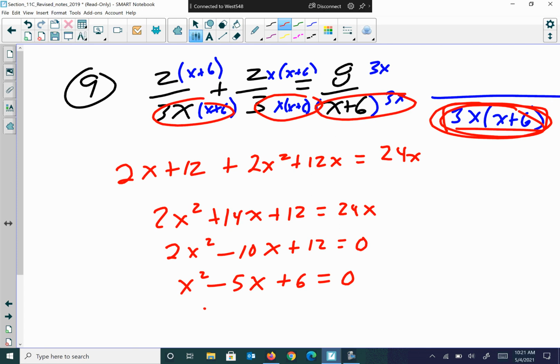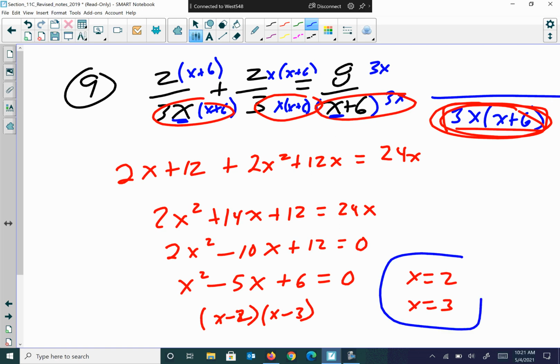And then this is going to factor to x minus 2 and x minus 3. So x equals 2, x equals 3. Double check: if I plug 2 or 3 in there, that's going to work. Nothing to plug on the second one. If I plug 2 or 3 in there, it's going to work. So both of those are going to be my answer.